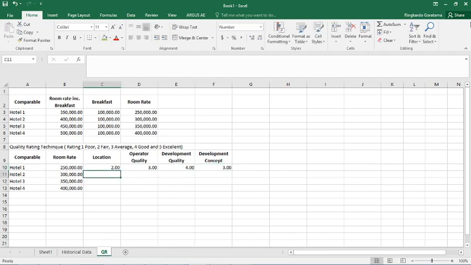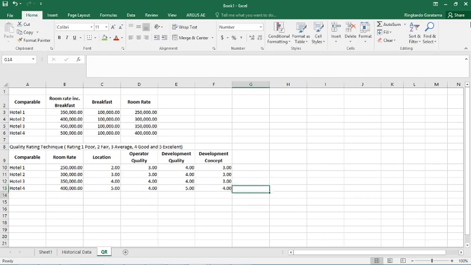For hotel 2 also, we put the score. For hotel 3 and for hotel 4, let's say the location is excellent. All right.